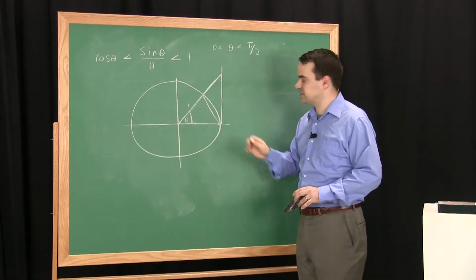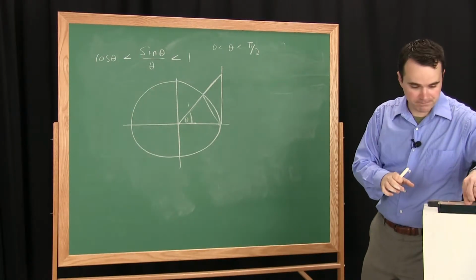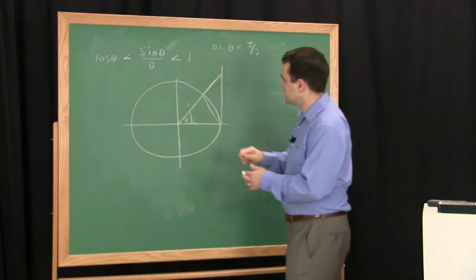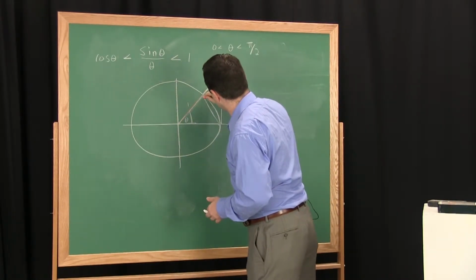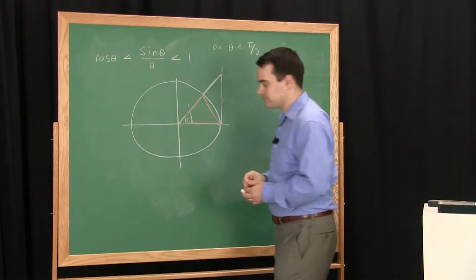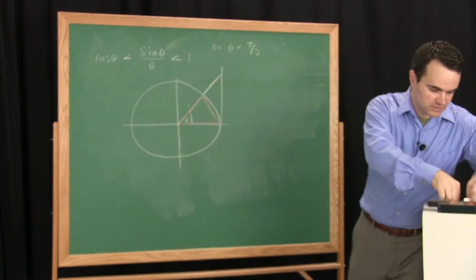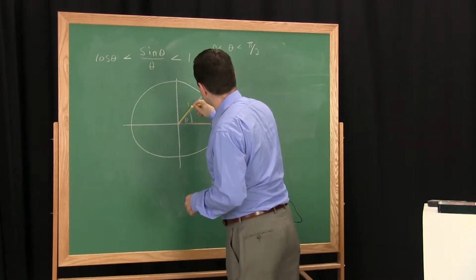And actually, to illustrate the difference, let's bring some color into our lives. Let's use red for the smaller triangle. Let's use yellow for the pizza slice.